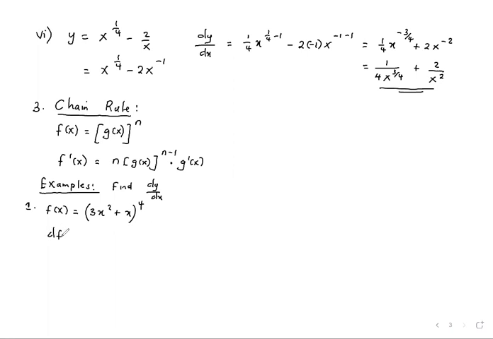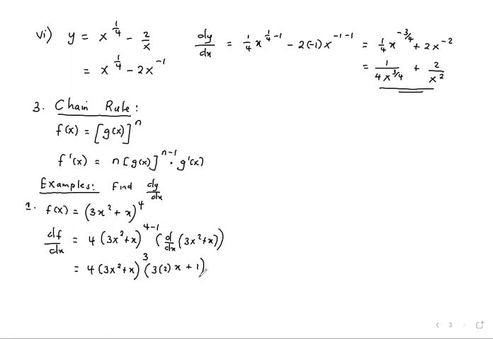So df/dx is 4(3x² plus x)^(4−1) multiplied by d/dx of 3x² plus x, meaning we have 4(3x² plus x)³ multiplied by, when we differentiate 3x², it gives us 3 by 2 multiplied by x, plus 1 for x there, so that we get 4(3x² plus x)³ multiplied by (6x plus 1).